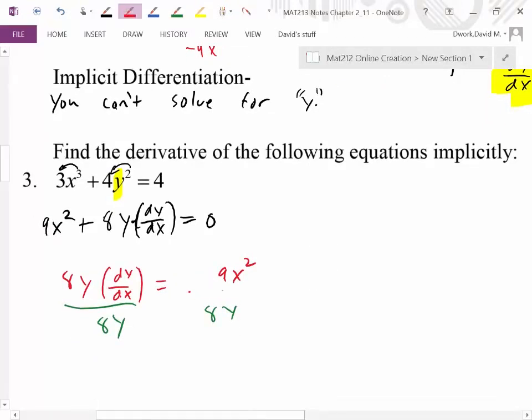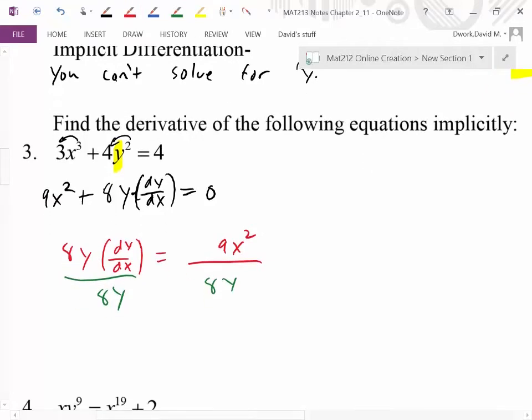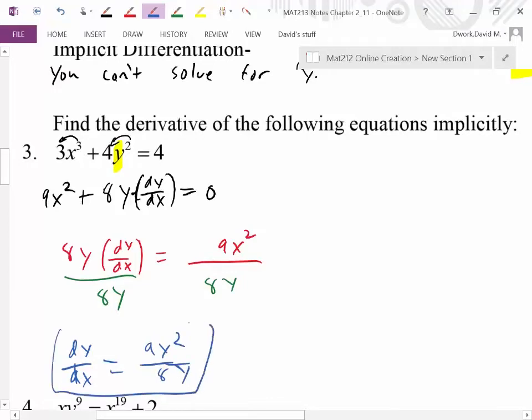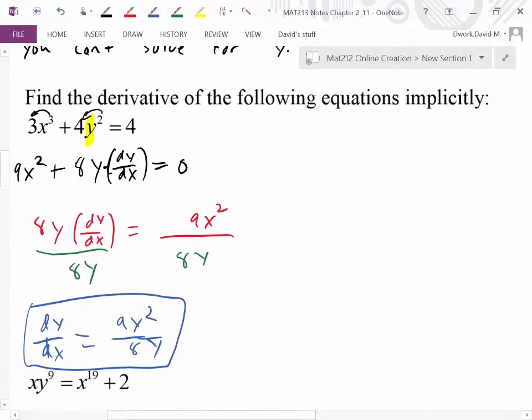Okay, it's been a long week. Okay, there we go. Notice how easy the solving is, because dy/dx is multiplying this stuff. So all you do is divide by it and you're done. So that gives us dy/dx is equal to 9x squared divided by 8y. All right, so if that's stuck, good.